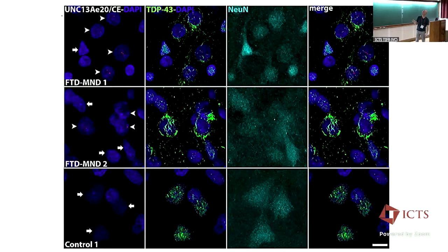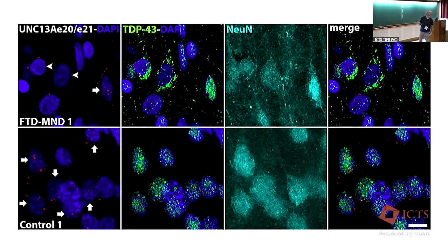So this is a nucleus that has TDP43, so there's no cryptic exon. But 1, 2, 3, 4, you can detect these red dots. This is the UNC13A foci that accumulate only in the neural nuclei lacking TDP43. As a negative control, we see lots of UNC13A normal transcript, abundant when you have normal TDP43, and lower levels of it when you lose TDP43, consistent with the RT-PCR.